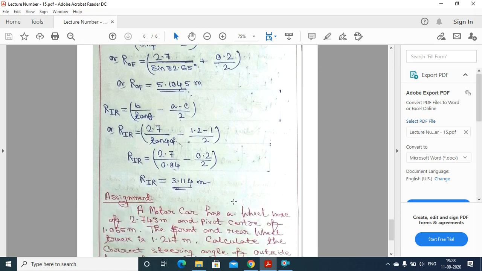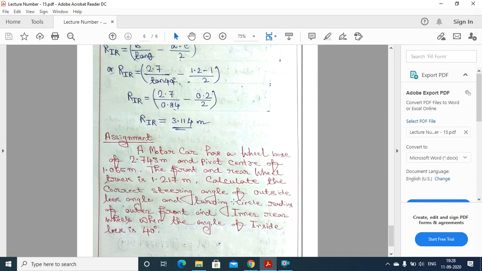Now coming to the assignment which you have to solve. A motor car has a wheelbase of 2.743 meter and pivot center of 1.065 meter. The front and rear wheel track is 1.217 meter.